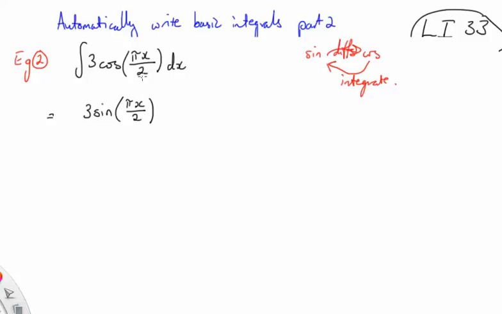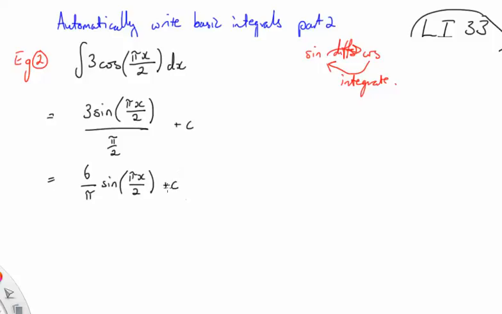I divide by the coefficient of x. So I have to divide by pi on 2. So I can do that like this. So I have to divide by pi on 2 plus c. And then the 2 jumps up there, so it becomes 6 on pi sine pi x on 2 plus c.